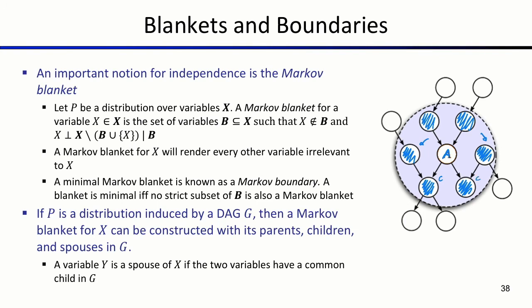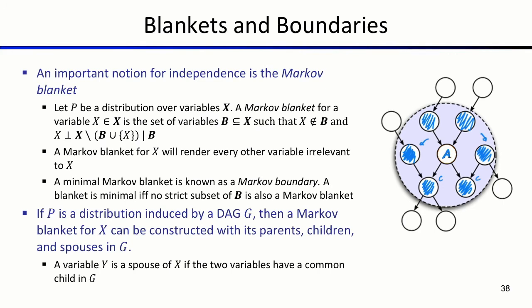This is a convergent triplet too. It means that this variable here will be able to influence A. So we need to include also the spouses. So we have included all those variables, the parents, spouses, and children. So we have isolated A from the other variables in the graph. So no other variables will be able to change our beliefs in A, will change our probability in A.